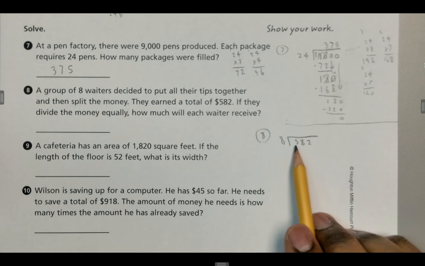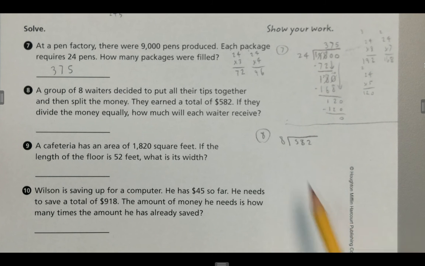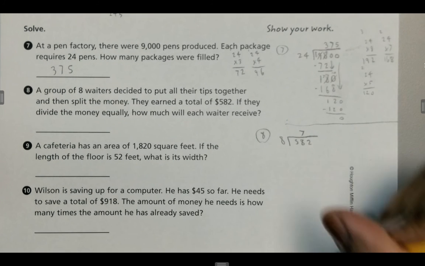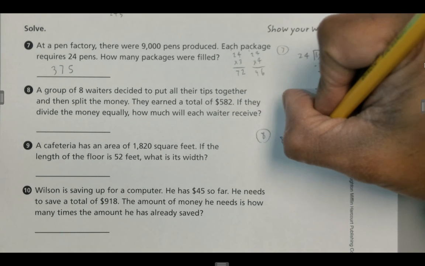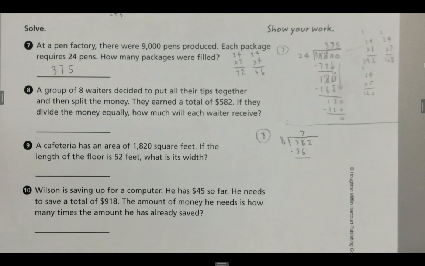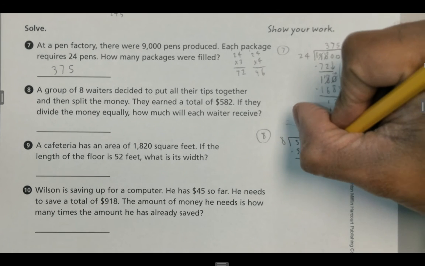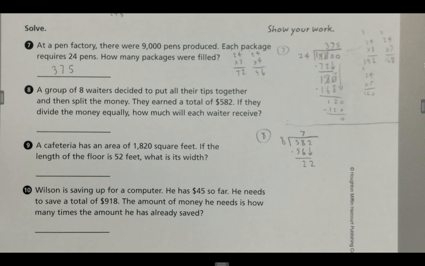First, how many times does 8 go into 5? No. How many times does 8 go into 58? 7. 8 times 7 is 56. Let's subtract that out. Do our bring down. The new number that's formed is 22. Back to find.